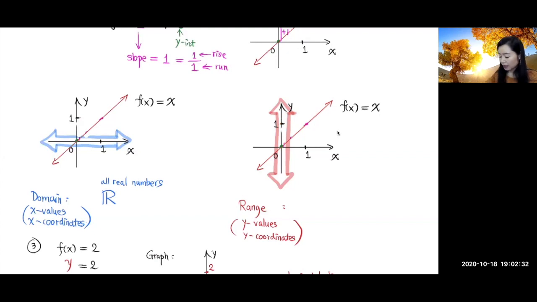You see that every number on this y-axis is a possible y coordinate for some point on the graph. So the range here is going to be all real numbers again.